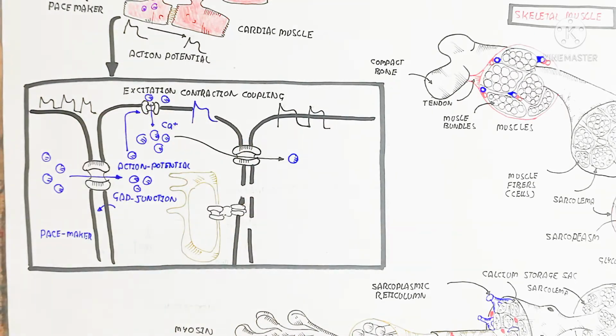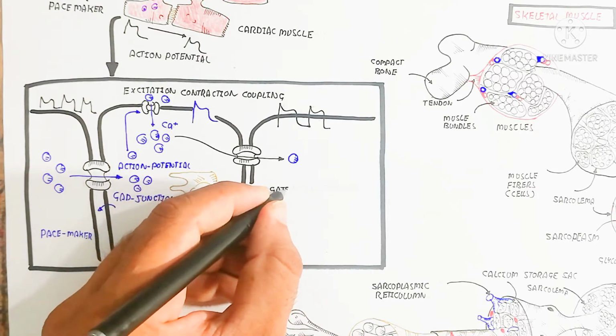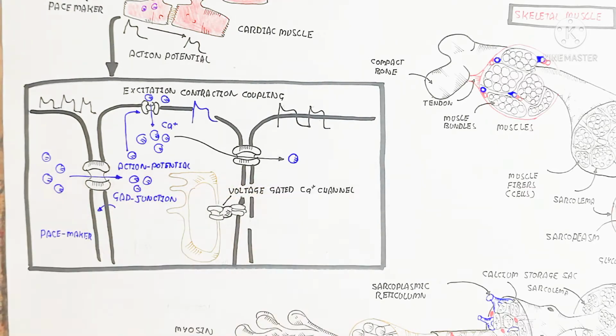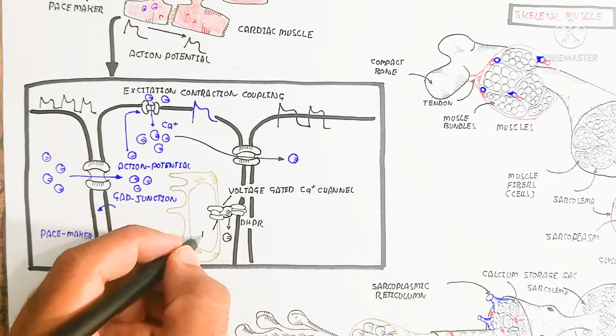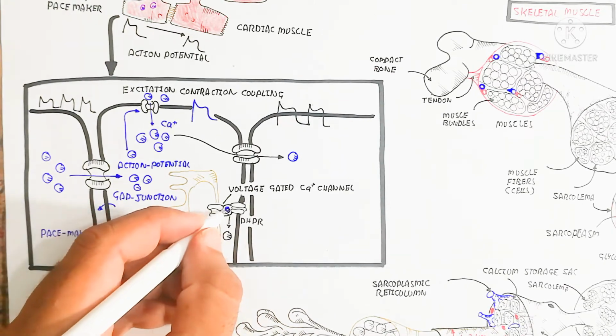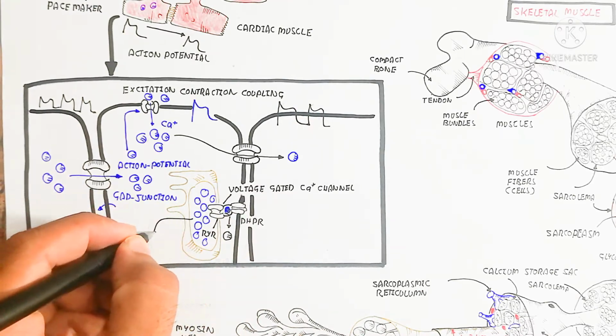This calcium will move more outside, an efflux of the calcium. In this way the calcium will move forward to contract the whole cells. That is why the whole muscle contraction will occur throughout the heart for ejection of the blood.